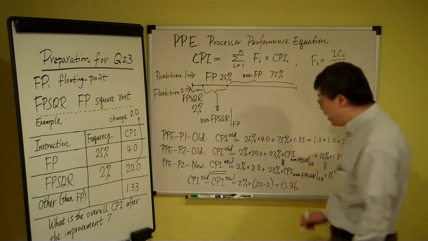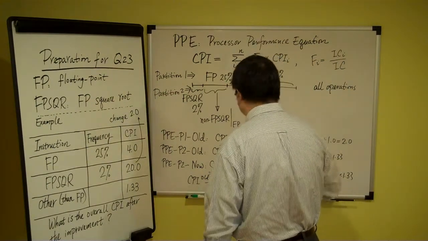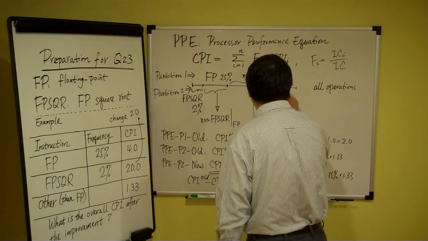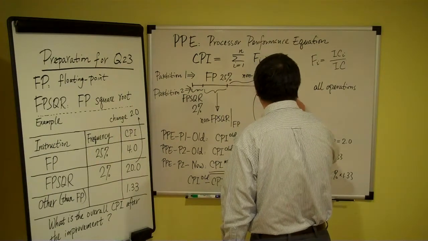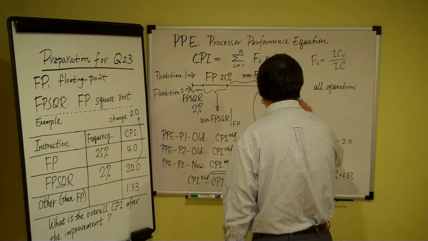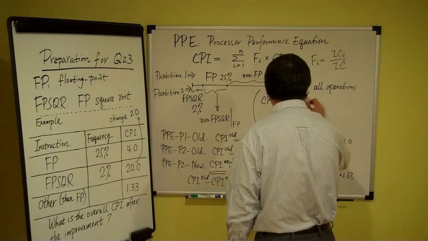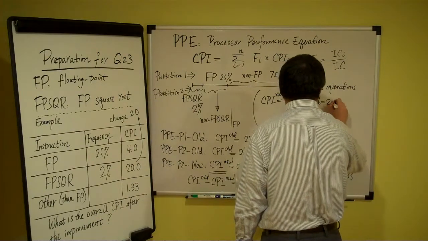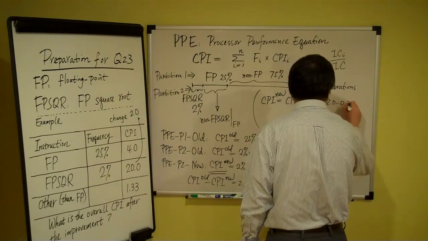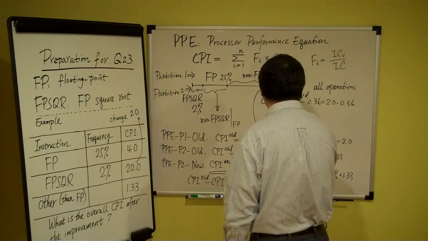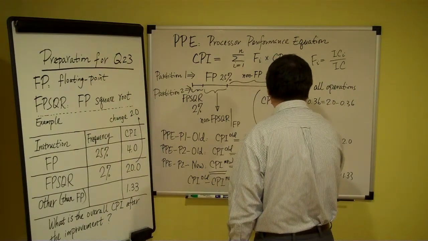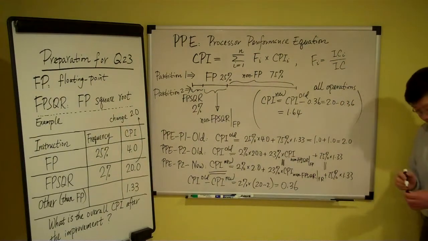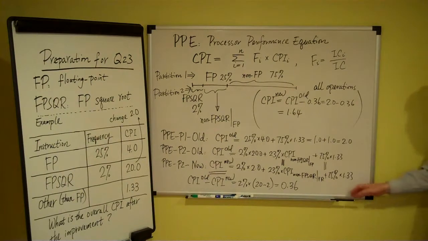So finally, CPI new equals CPI old minus the difference 0.36. 2.0 minus 0.36 equals 1.64. The answer. So we solved this problem.